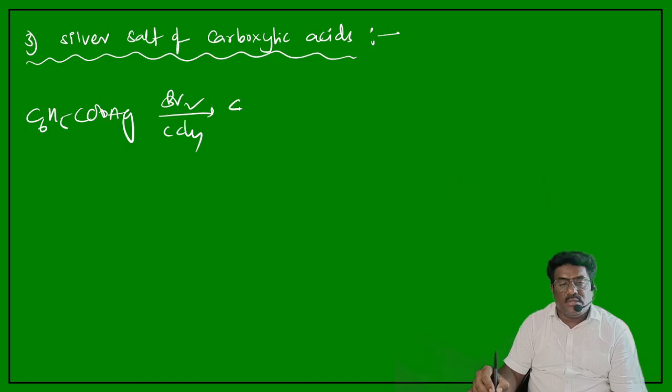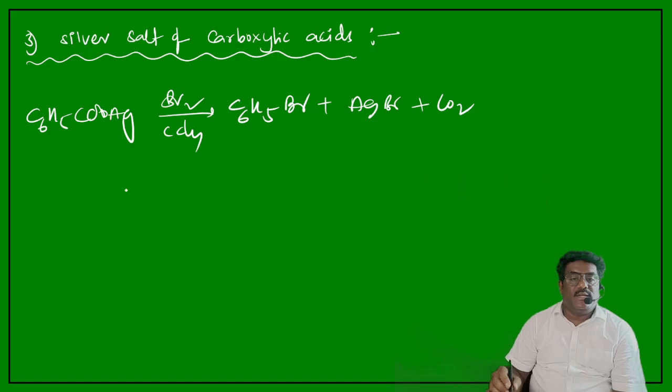What is the product? Simply C6H5Br plus AgBr plus CO2. It is a Hunsdiecker reaction.